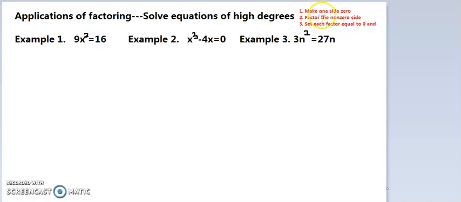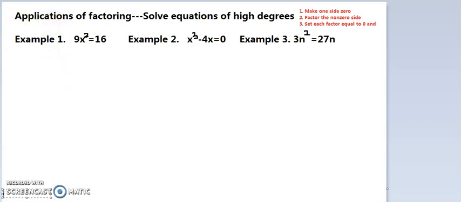Why do we have these 3 steps? Because this is based on a very simple property: if the product of 2 numbers is 0, then one of the numbers must be 0. So let me put the property down here.